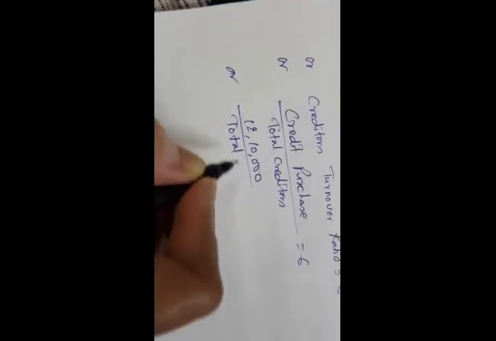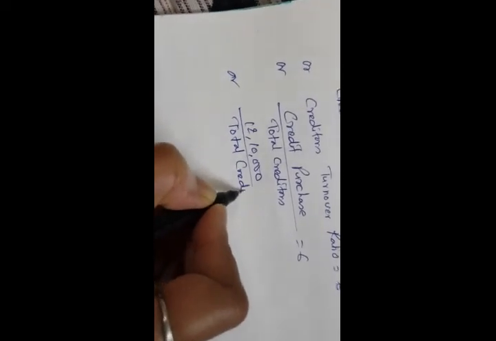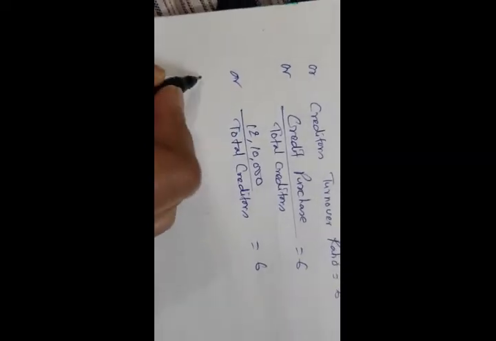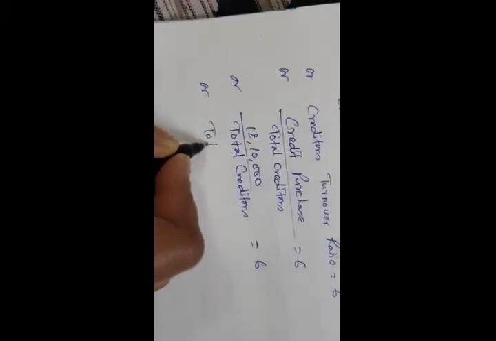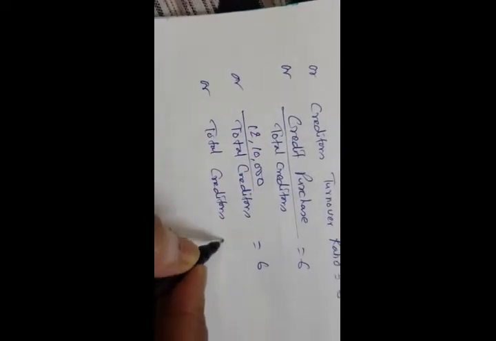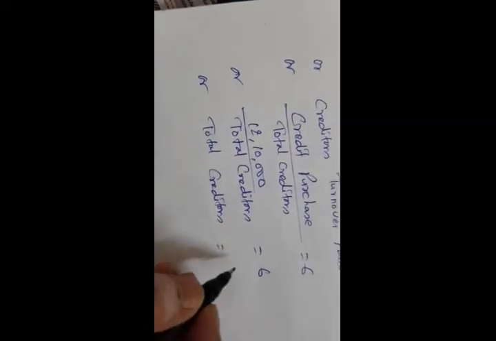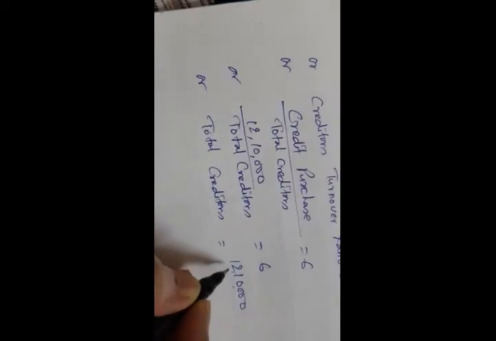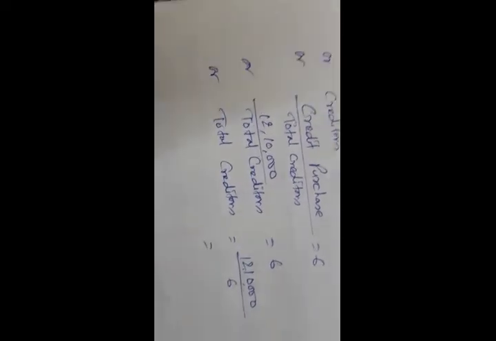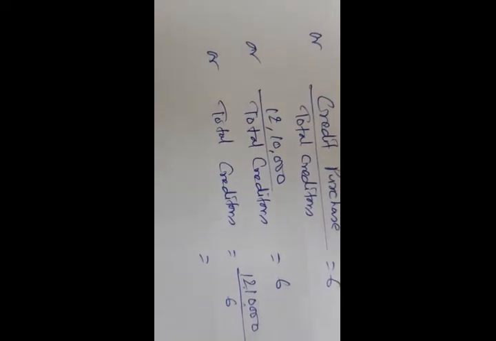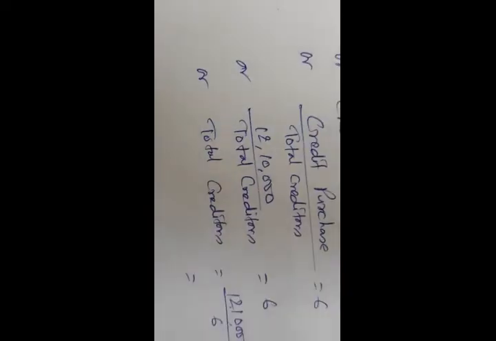So 12,10,000 divided by total creditors is equal to 6. So total creditors will be 12,10,000 divided by 6. Okay, so how much will it be?